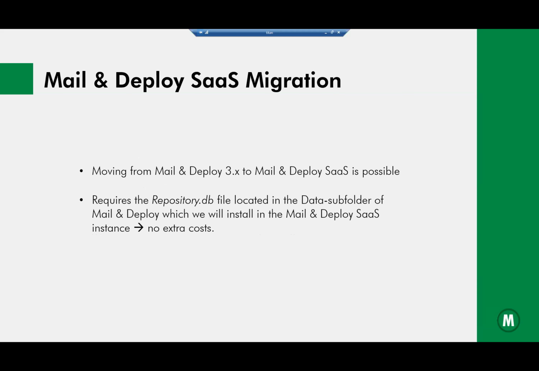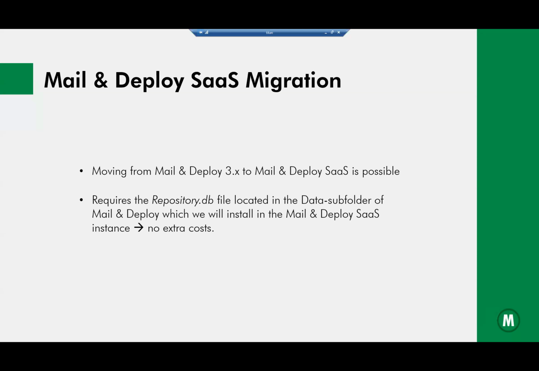One word about the migration, or a few words, I should say. If you currently have an on-premise Mail and Deploy version 3, then moving all your content to Mail and Deploy SaaS is really easy. For those of you who are familiar with Mail and Deploy, you probably know that all the content is stored in a single file, which is called repository.db.